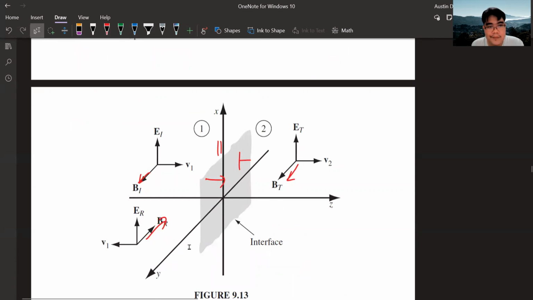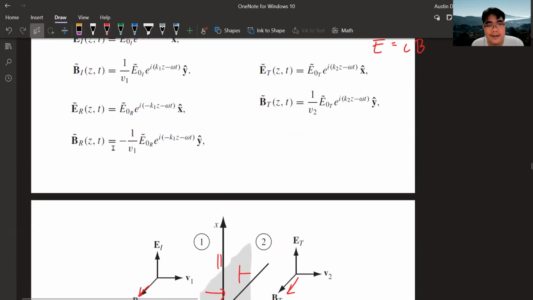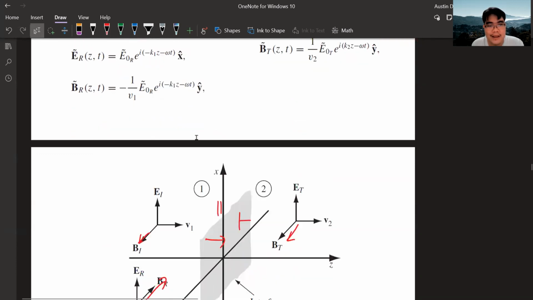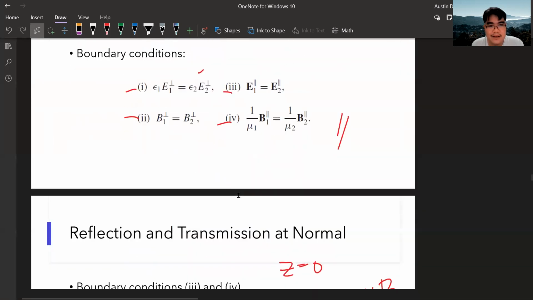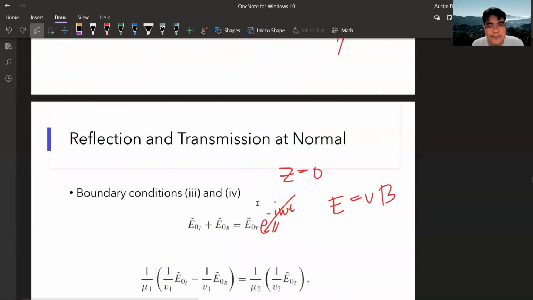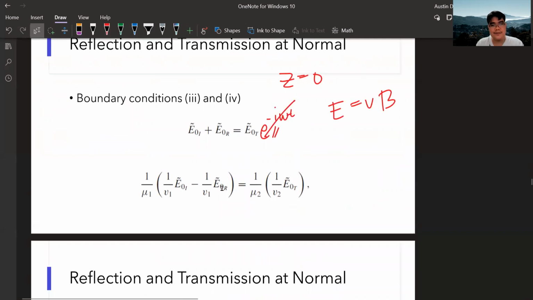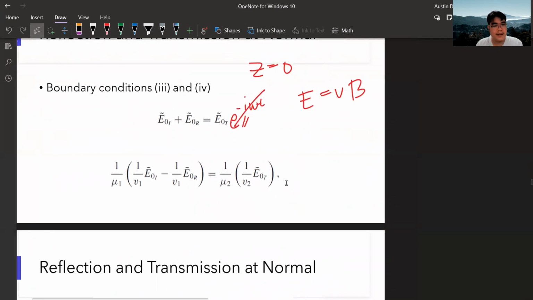Kuha ba yan? Kasi pag na-reflect back na yung wave mo, para sa reflected, yung direction nun by the right hand rule, magpo-point into the page yung beam mo, so dapat negative siya. Okay, negative y hat, pointing into the page. Okay, so we have that. So dito yung nagre-reflect, no? Okay, kita natin yun. Therefore, I can rearrange this.